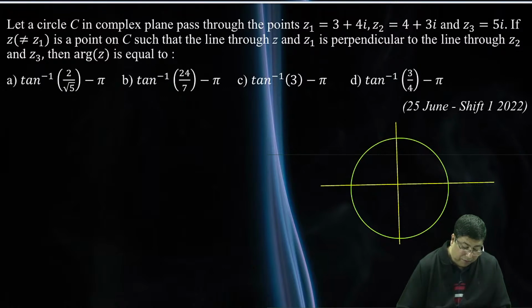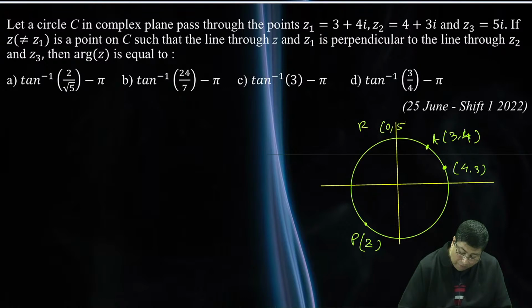Suppose P is some Z, Q is the point 4, 3, A is the point 3, 4, and suppose R is the point 0, 5i, means 0, 5.